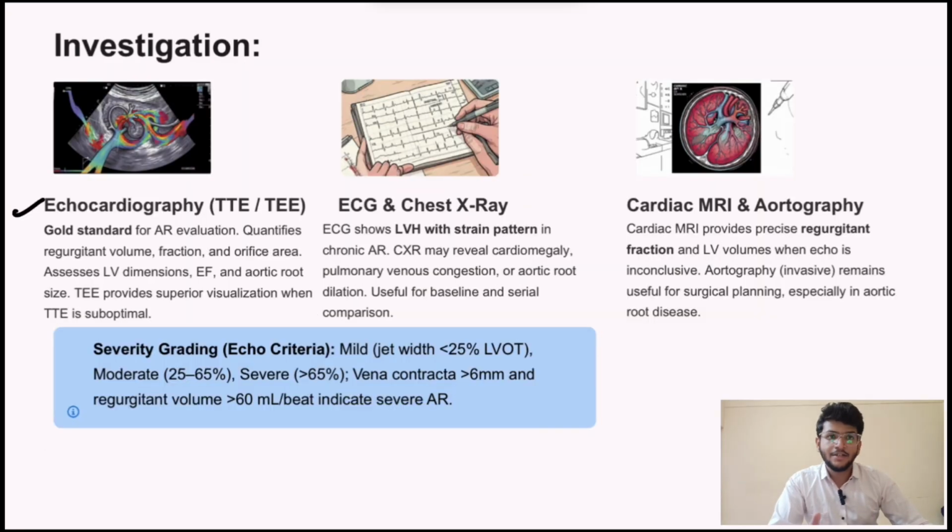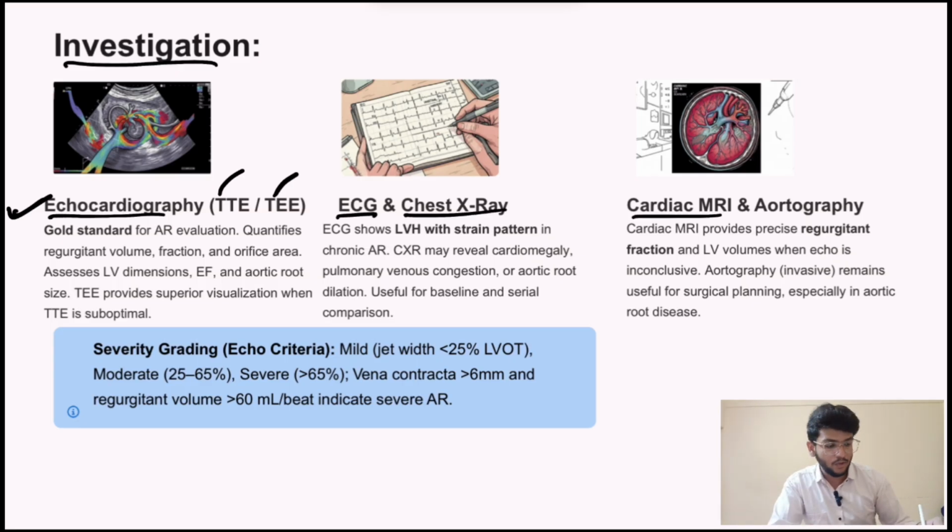Let us learn the investigation part of aortic regurgitation, where we have echocardiography, that is transthoracic echocardiography or transesophageal echocardiography. Then we have ECG, chest X-ray, cardiac MRI and aortography.